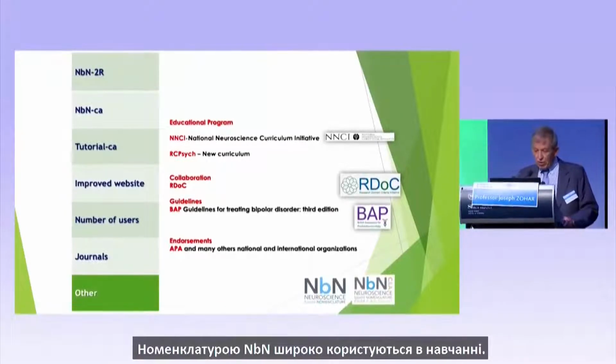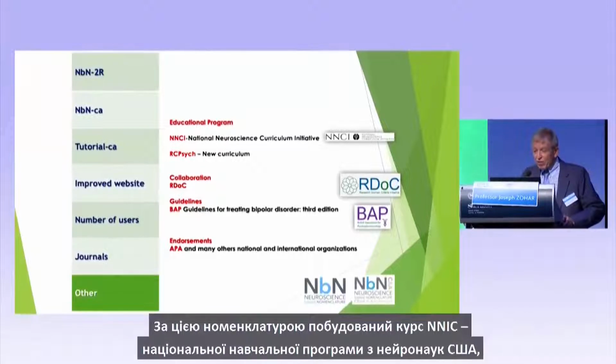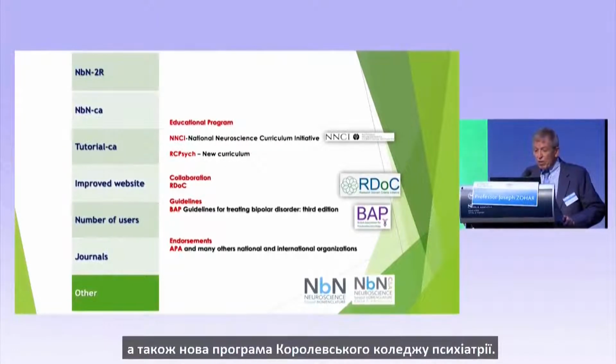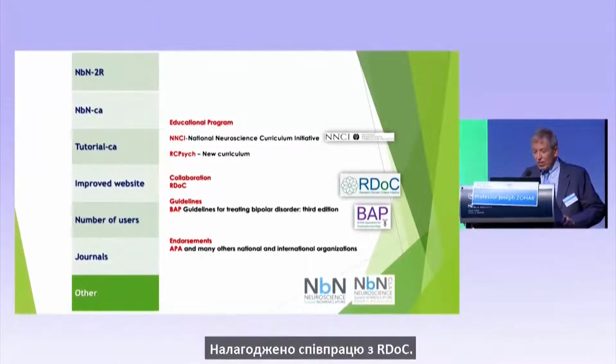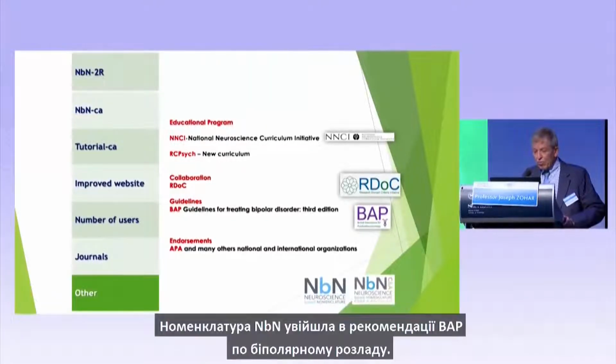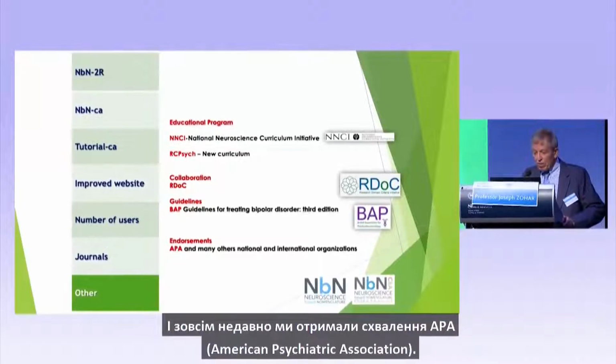It is also part of some educational activities like the NNCI, the American National Neuroscience Curriculum Initiative. It's part of the new curriculum of the Royal College of Psychiatry. There is collaboration with the RDoC. It's part of the BAP guideline for bipolar.